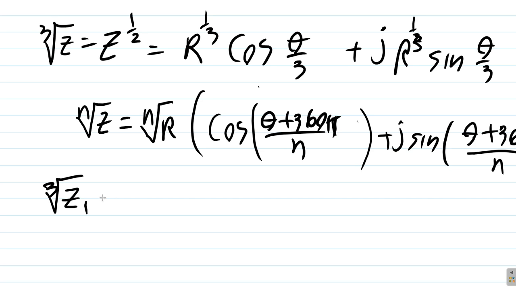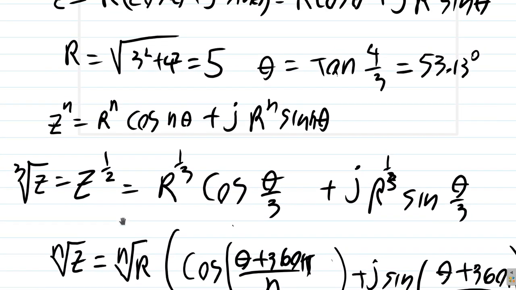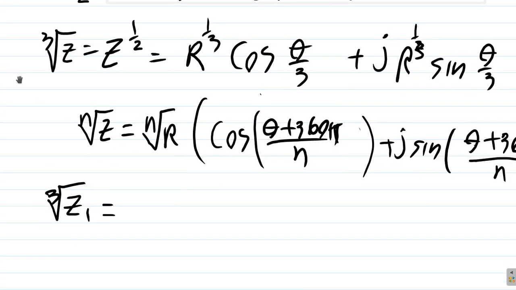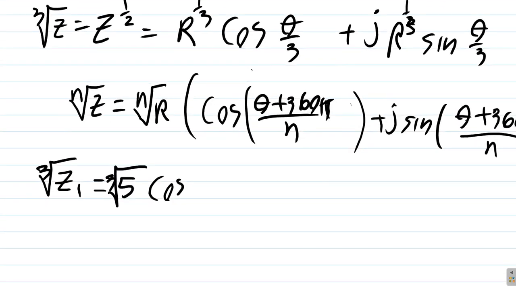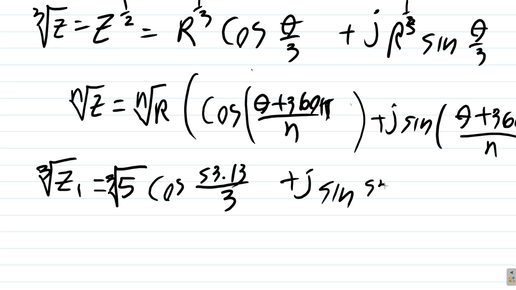First cube root. What's r again? It's 5, so the cube root of 5 cos theta over 3, 53.13 over 3. You don't have to worry about the 360k yet because it's 0 times it, plus j sine 53.13 over 3.